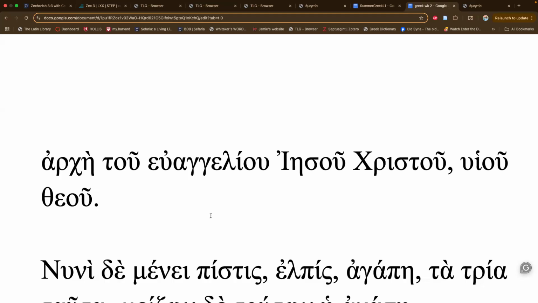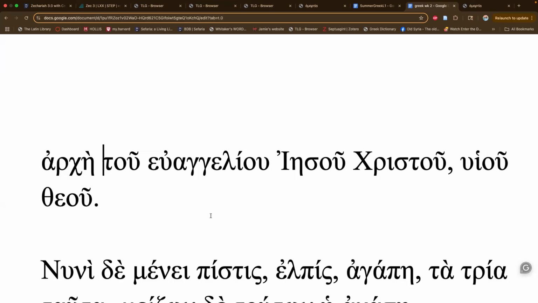Tu evangeliu is literally the beginning of the good news of Jesus Christ, Son of God. Huiu Theu is probably not original and was added later by a scribe, but it's in a lot of manuscripts, so I kept it.